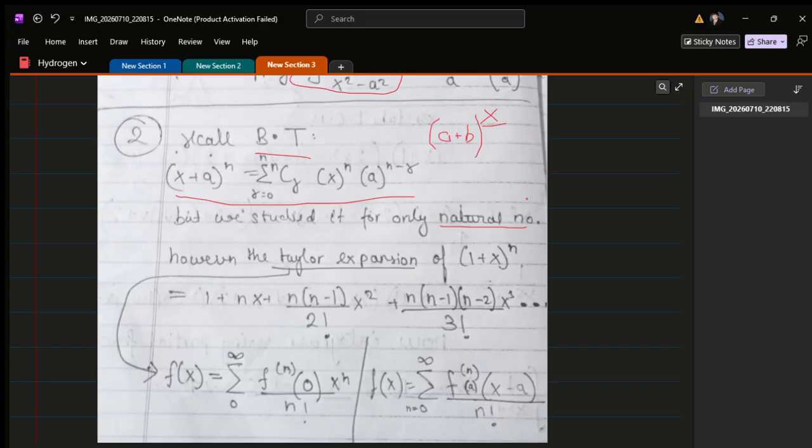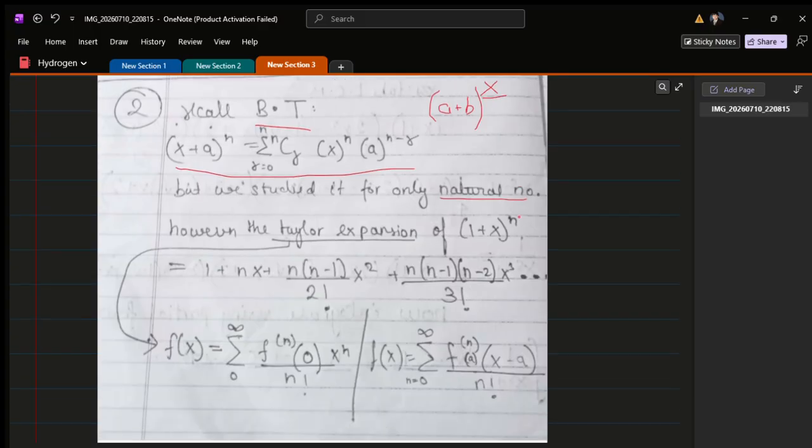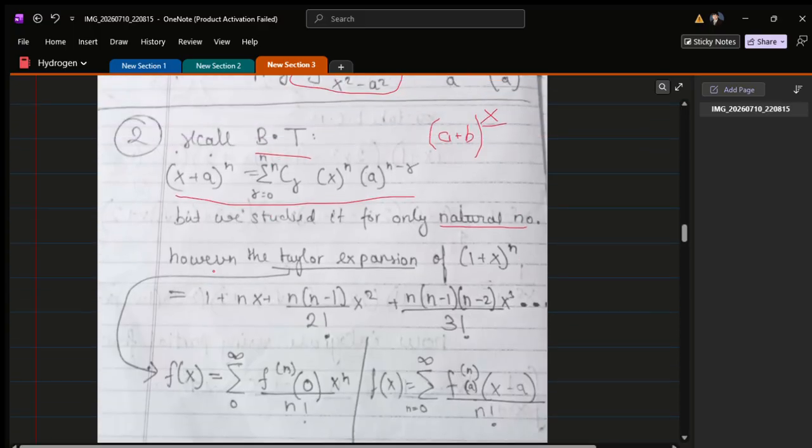And okay, now what is the Taylor expansion? Basically, Taylor was a mathematician who had devised how to break down complex formulas into simple polynomials. We want to integrate, we want to differentiate, or we just want to study and analyze some functions. The functions are going to be complex, right? But complex functions are very hard to integrate.